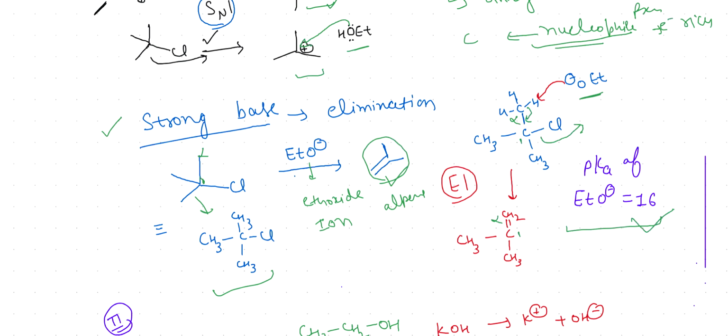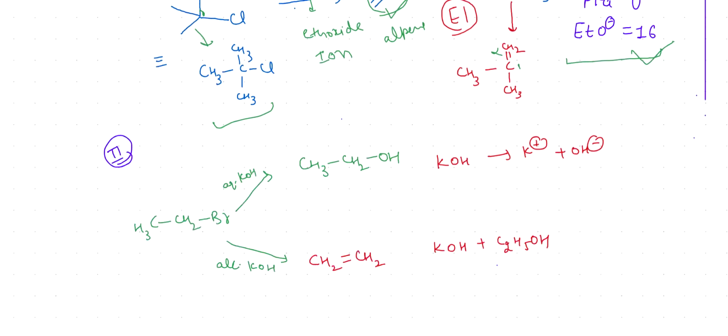Let us take another example which favors elimination. This is also the case of a strong base. Here I am using a primary alkyl halide, that is ethyl bromide. It was allowed to react with aqueous KOH as well as with alcoholic KOH.